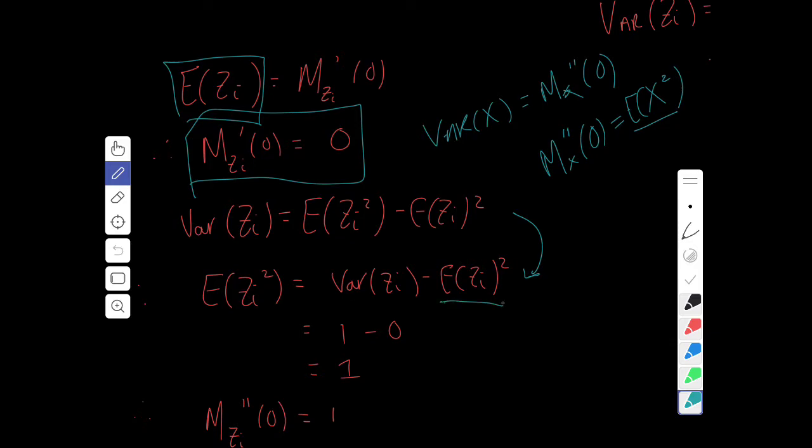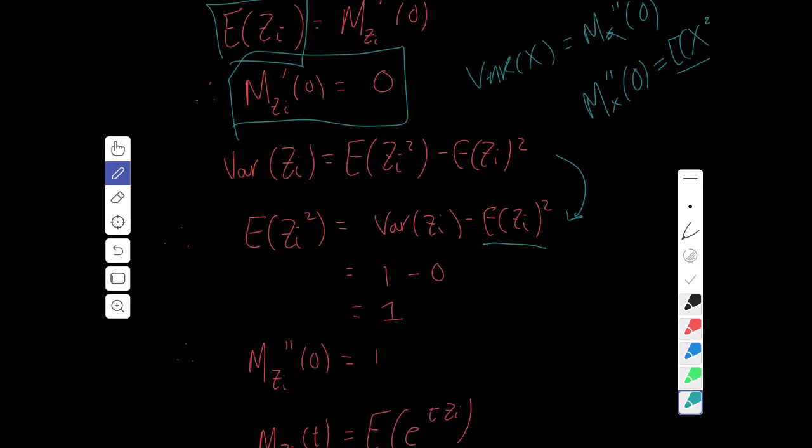The expectation of zi, which we saw earlier, is equal to 0, and the variance is equal to 1, so our second non-central moment is equal to 1. So we have M zi, the second derivative evaluated at 0, is equal to 1.